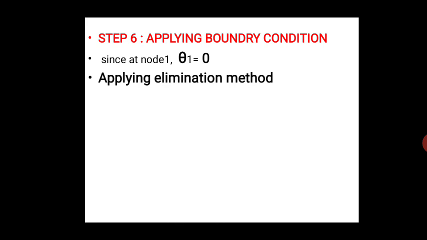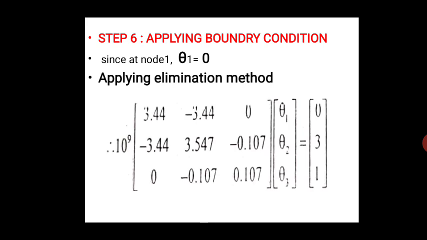Now by applying the elimination method of boundary condition for the equilibrium equation, let us consider the same equilibrium equation, that is K into Q is equal to F. And here we are again representing the K, that is 10 raised 9, 3.44 minus 3.44 0 minus 3.44, 3.547 minus 0.107, 0 minus 0.107, 0.107, theta 1, theta 2, theta 3.